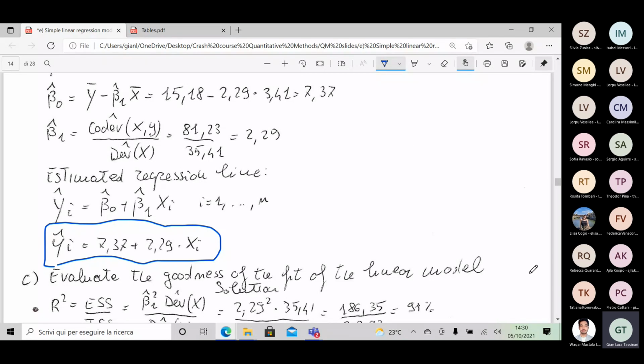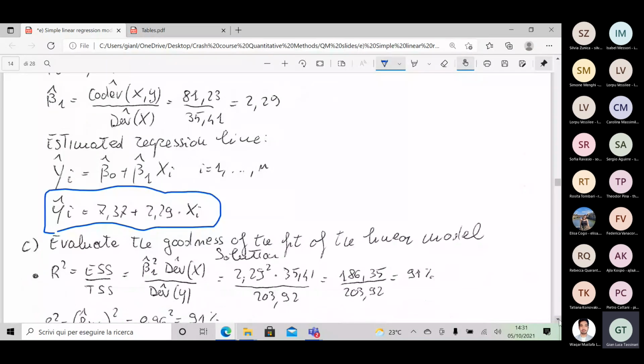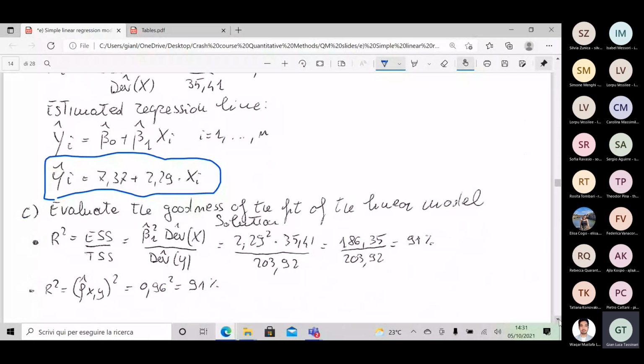Then the following question is: evaluate the goodness of the fit of the linear model. Here I answered the question in 2 different ways. Already from the first lecture, but we proved it also today, we know that when you work with a simple linear regression model, the goodness of the fit, which is obviously the R square, is equal to the correlation coefficient raised to the power 2.